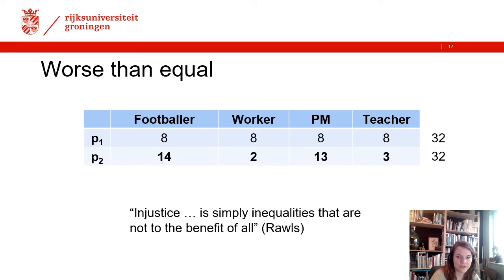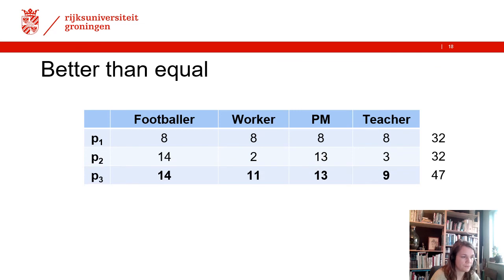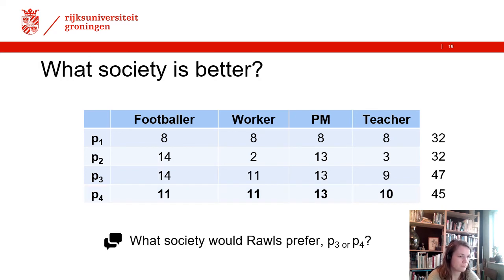For Rawls, on the other hand, it could be that this is not a just distribution. Imagine that there would also be the option to choose distribution P3 and P4. Now the question is, what kind of preference would Rawls have?